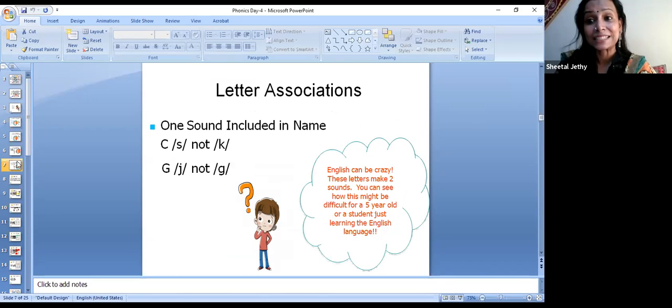So K as in cat, K as in cake, S as in circle, and S as in center, right? So similarly, we have G as well. So G as in giant and G as in gem. Similarly, G as in goat.